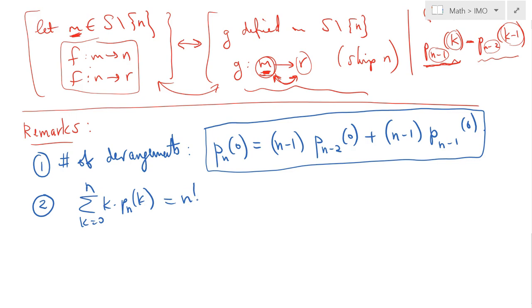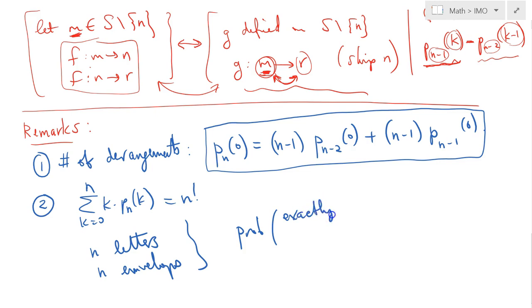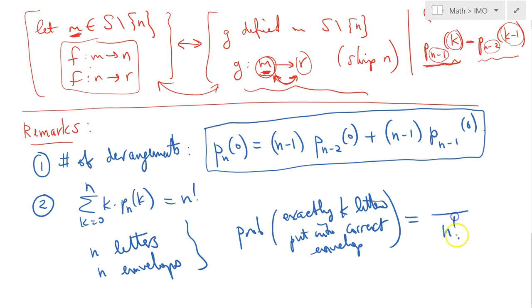Basically, if someone has n letters and n envelopes, and you just randomly put the letters inside the envelopes, the probability of exactly k letters being put into the correct envelope would simply be equal to, because we have n factorial different ways of putting the letters into the envelopes, this is just p sub n of k, right?